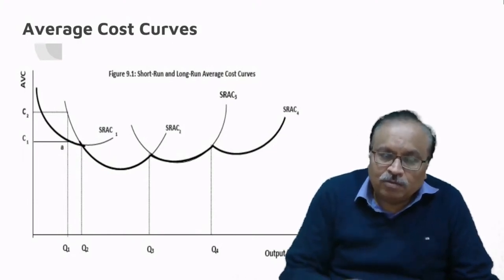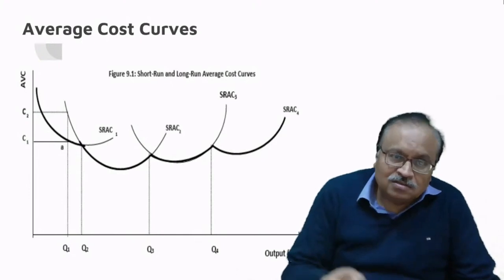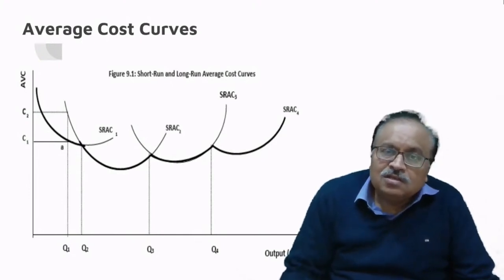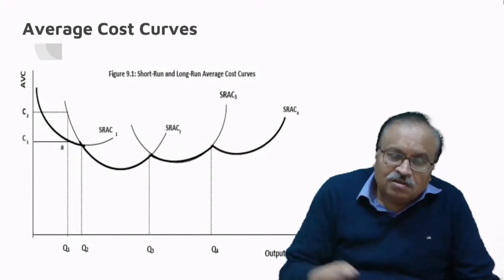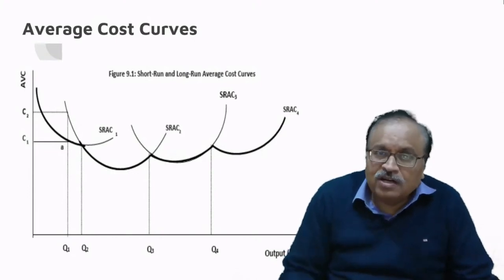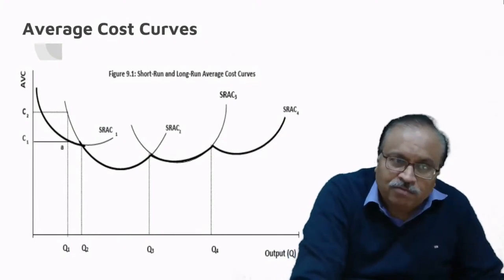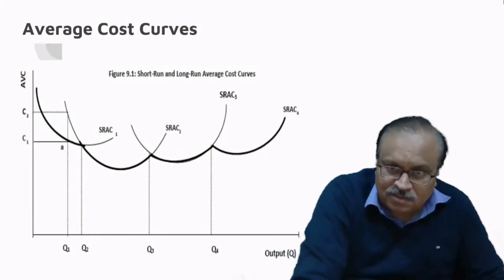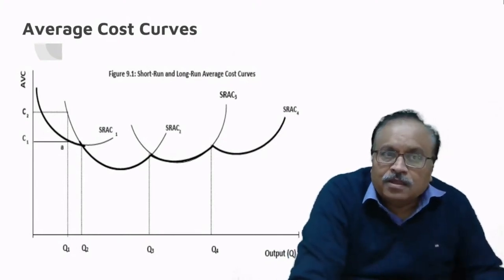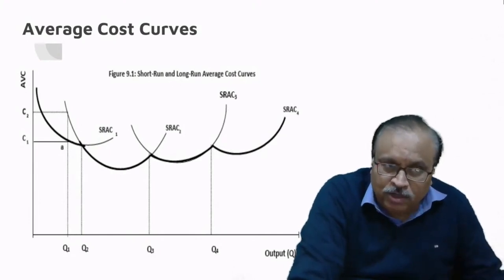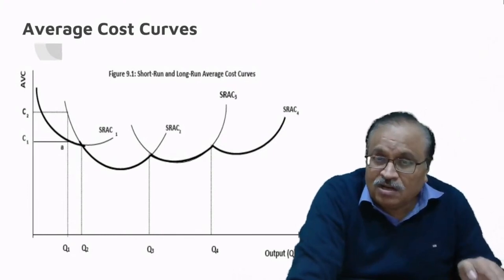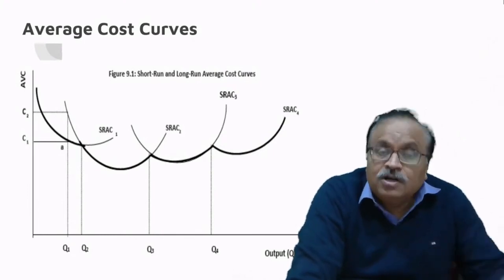In the same way, for production of Q3 units, the short run average cost is SRAC3, and for Q4, the short run average cost is SRAC4. So we have a range of short run cost curves in terms of output and average variable cost. How do these short run average cost curves convert into a long run?